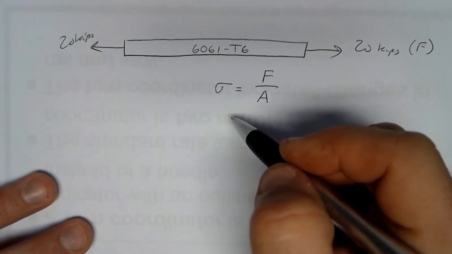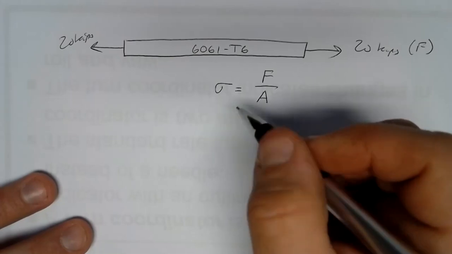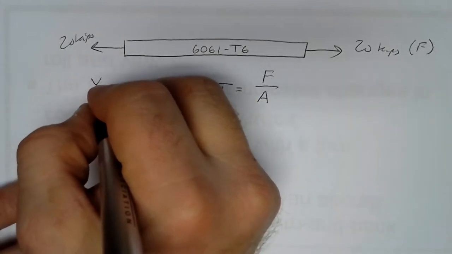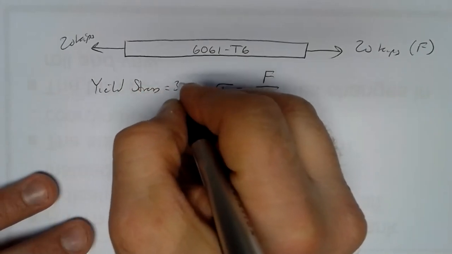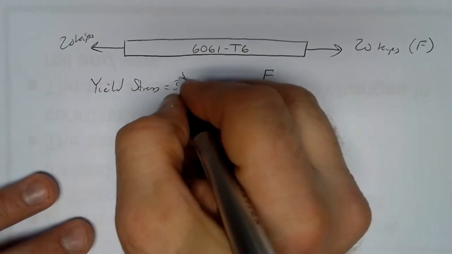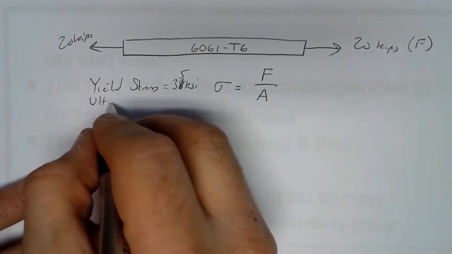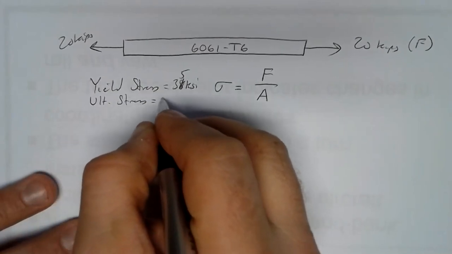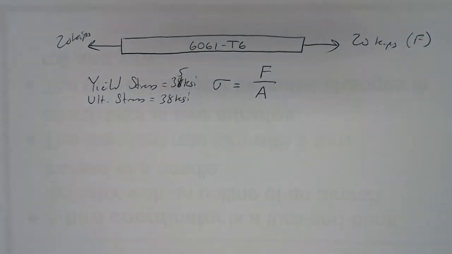According to our table, 6061 T6 has a yield stress of 35 KSI and an ultimate strength of 38 KSI.